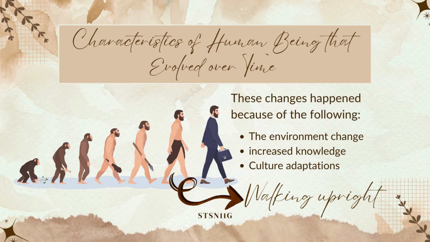Why? Because the environment during that time, the main source of food was plant-based, right? Trees, yung mga inaakyat. So obviously, they needed to use all of their extremities so that they could gather food. They climbed trees. Others walked on the ground so that they could gather food and find shelter.